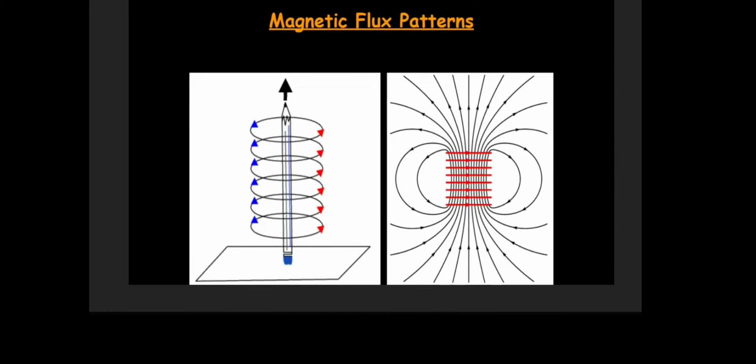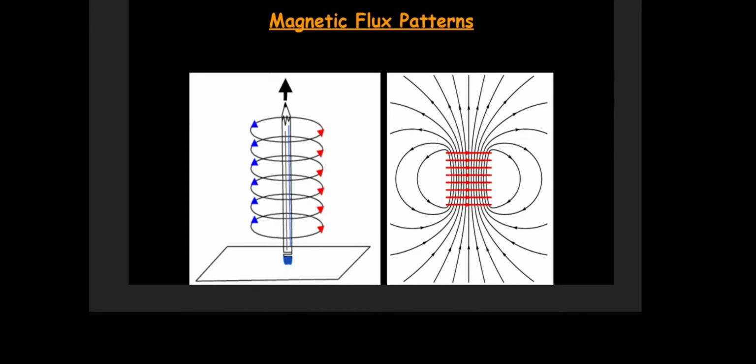So if we grip our hand like we're gripping something, with the four fingers pointing in the direction in which the current is going, which is towards the right, your thumb points upwards. We try that, we see. Because our thumb points upward, that tells us that the arrows are pointing up, going away from that side.